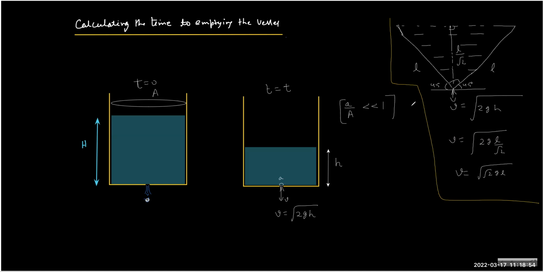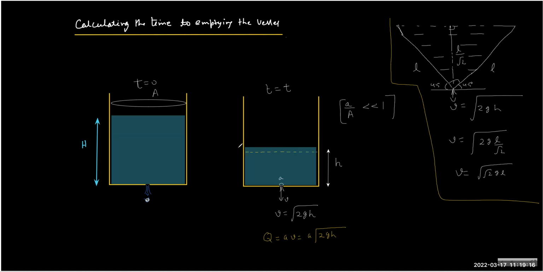Okay. So now, as the water comes out, at what rate is the liquid leaving the vessel? It's pretty easy to write. A under root. Okay. So imagine after some time dt, the liquid layer will reach here.